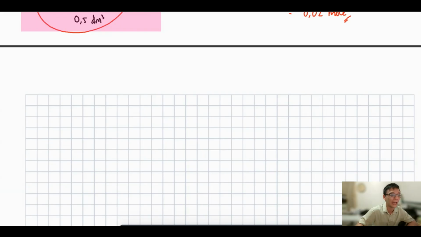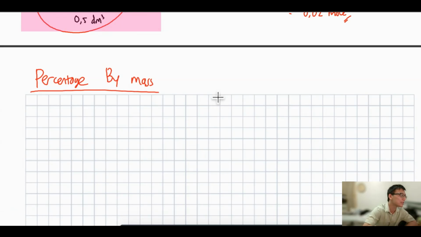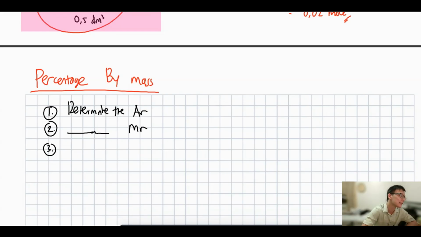Now I would like to speak about empirical formula and also percentage by mass first. In percentage by mass, we can estimate the percentage of an atom inside a molecule based on their atomic mass. So the steps are: determine the atomic mass; second, determine the molecular mass; third, atomic mass over molecular mass multiplied by 100%.